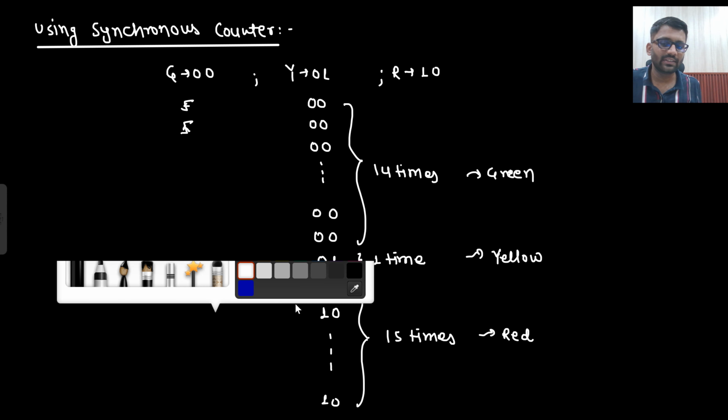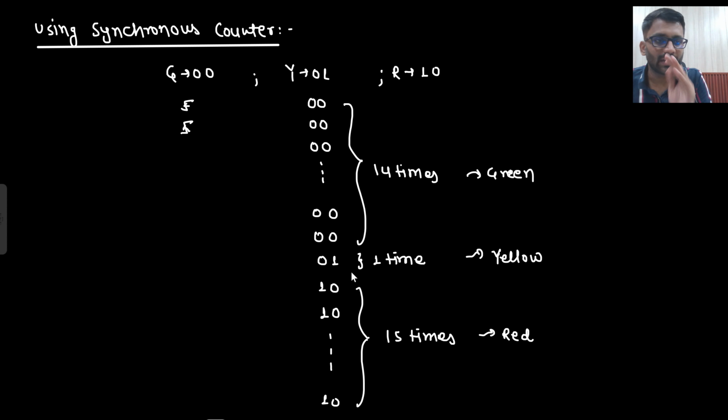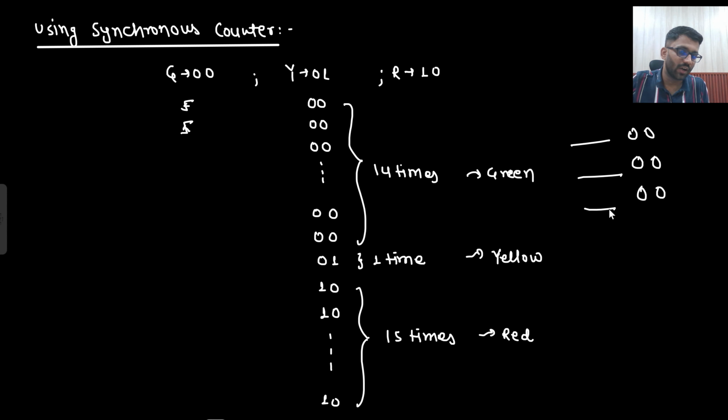If I need to differentiate these 0 0, how many bits do I require? Tell me. There are 14 combinations, 14 0 0 are there, and I need to differentiate all of them. So how many bits would I require? To differentiate two zeros I would require only one bit, 1 and 0, both are different now. To differentiate 3 zeros I would require 2 bits, 0 0, 0 1, 1 0, all are different now.